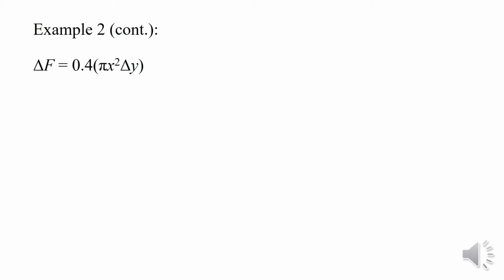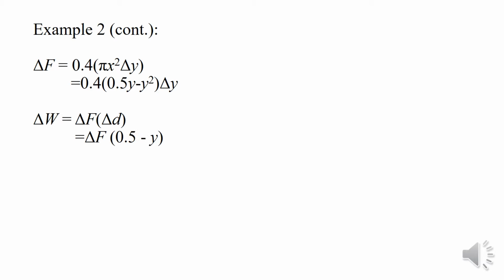Since we now know what x squared is, we can plug that in for the x squared in our force formula, which was change in force equals 0.4 times pi x squared change in y. We get change in force equals 0.4 pi times 0.5y minus y squared change in y. Now, we know that the formula for work is change in work equals change in force times change in distance.